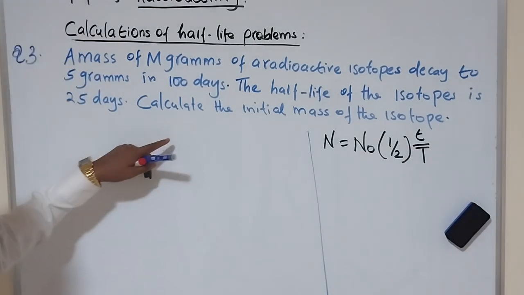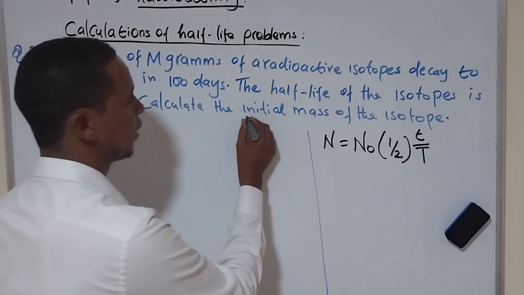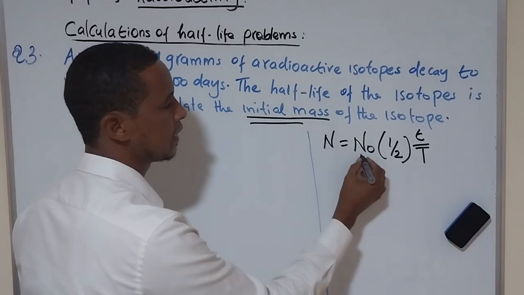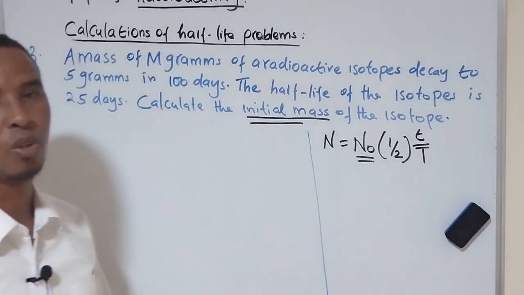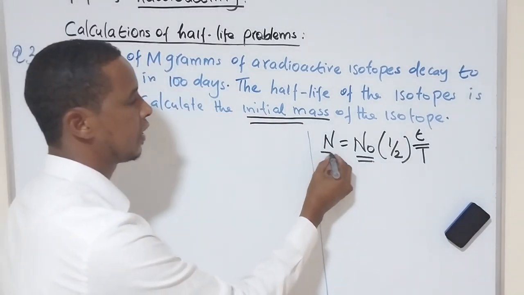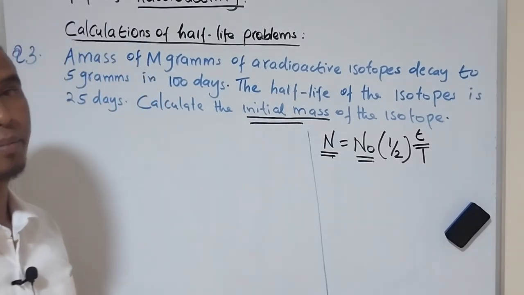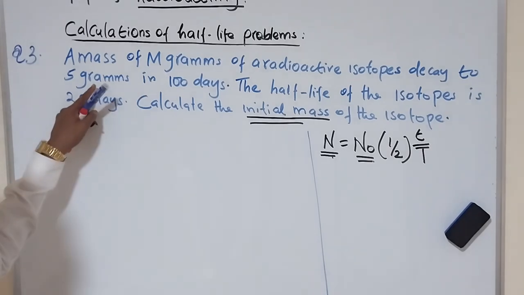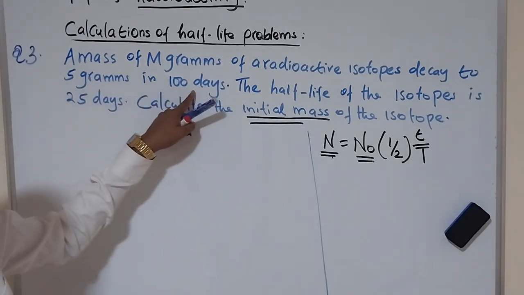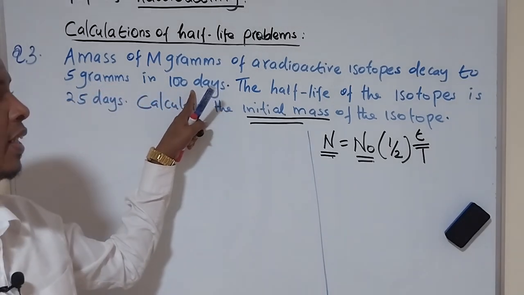So what we need to find is the initial mass, and that is N0. N, we have it, the mass of the isotope that remains, we were told is 5 grams in 100 days. So the time is now 100 days.